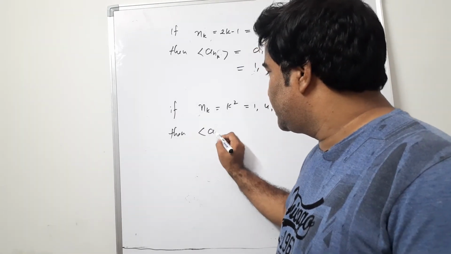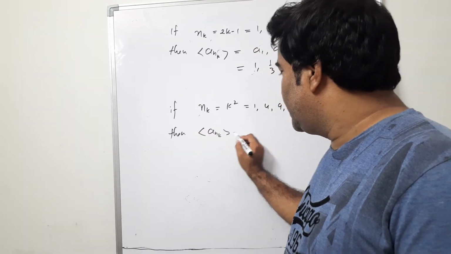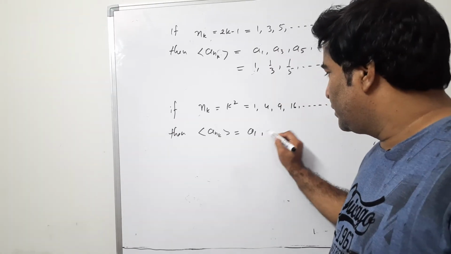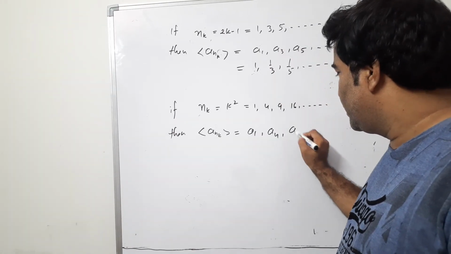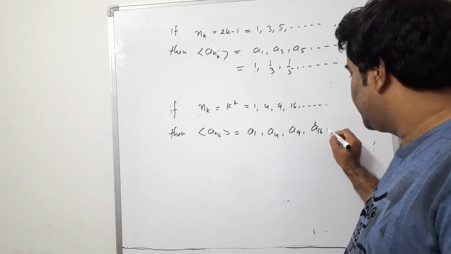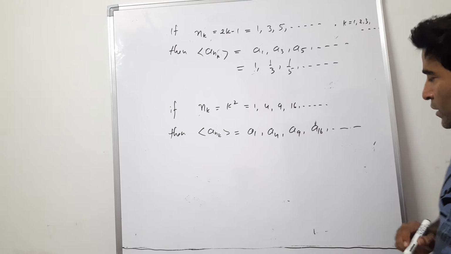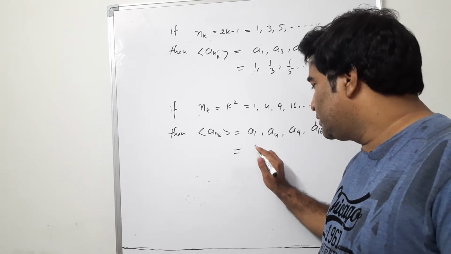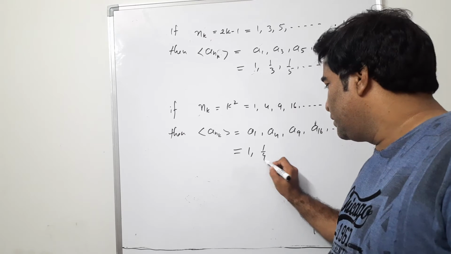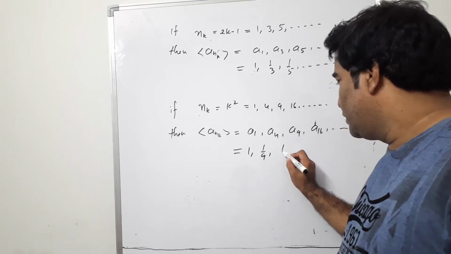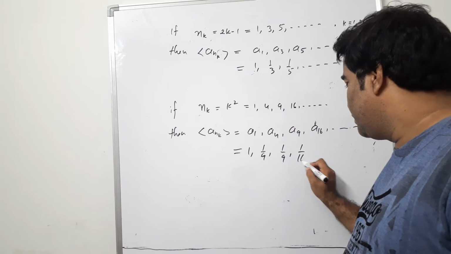Then the subsequence ank is a1, a4, a9, a16 and so on. This is also a subsequence of the given sequence: 1 by 4, 1 by 9, 1 by 16.